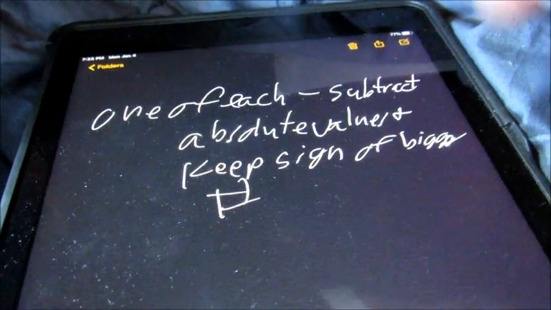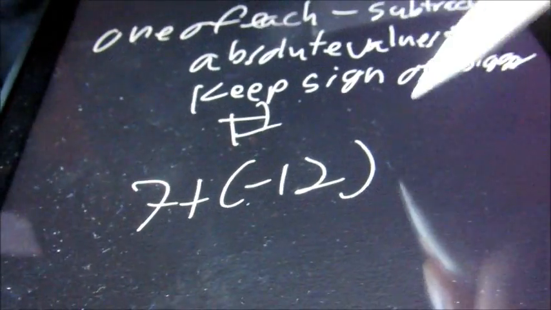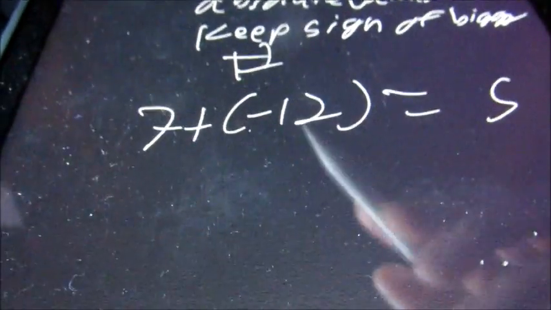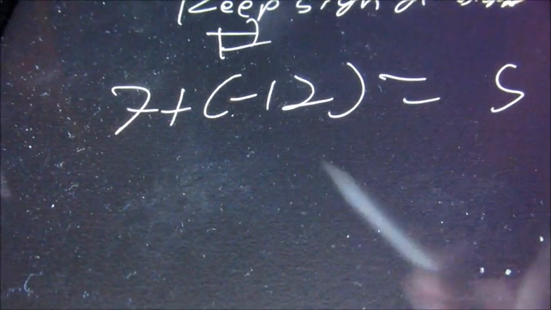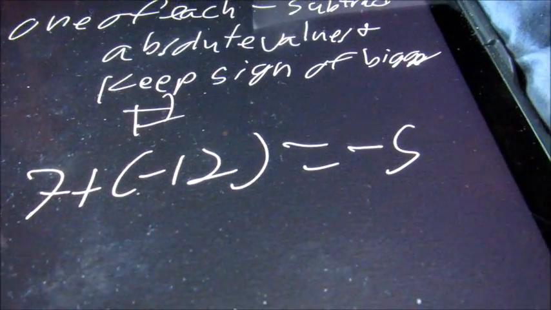So for instance, if we have 7 plus a negative 12, one's a positive, one's a negative. 12 is bigger than 7, so we're going to subtract those and get a 5. And the 12 is a negative number, so we keep the negative. So the answer is negative 5.